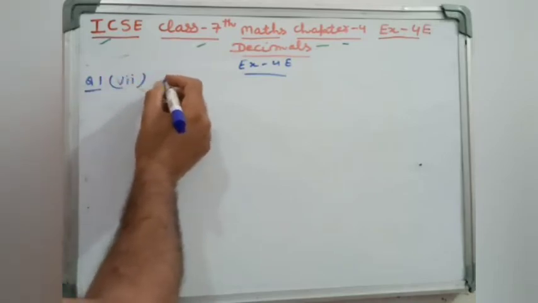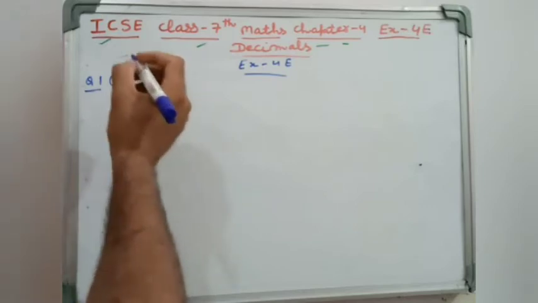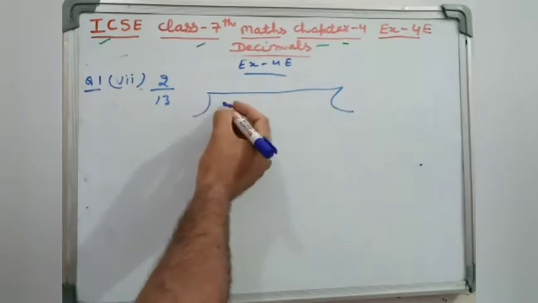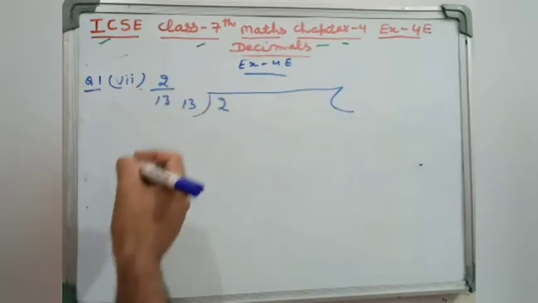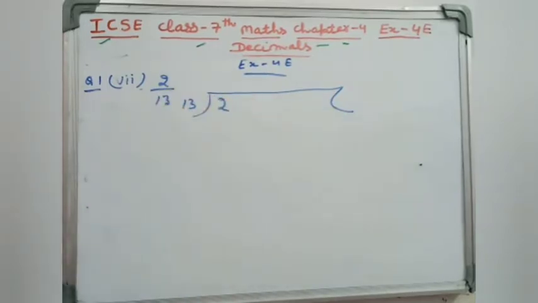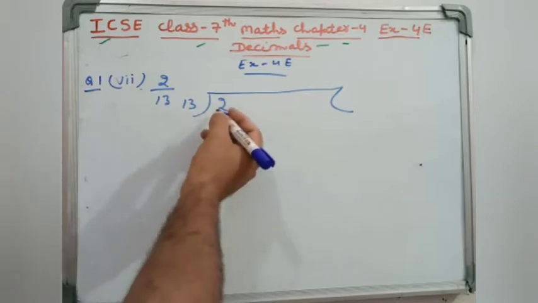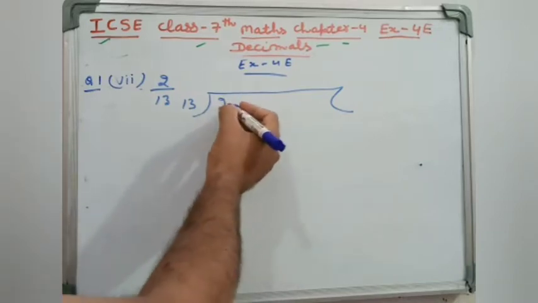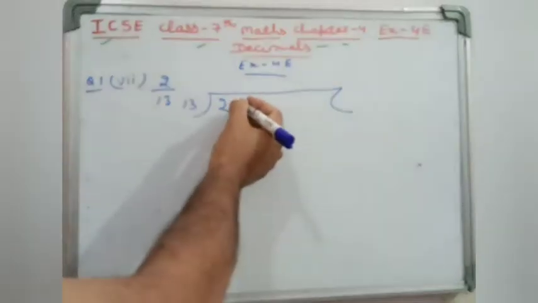That is, convert 2 by 13. No need to panic, we have to divide 2 by 13. Students, here 2 is smaller than 13, so division is not possible. We will put a decimal here and 0 here.